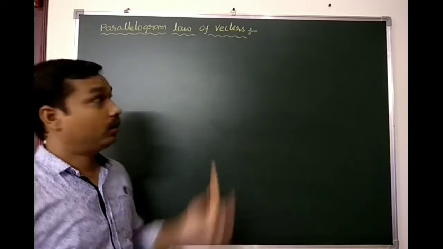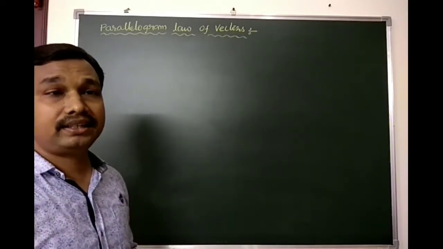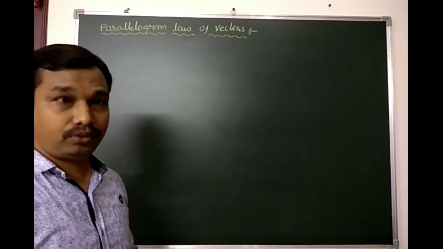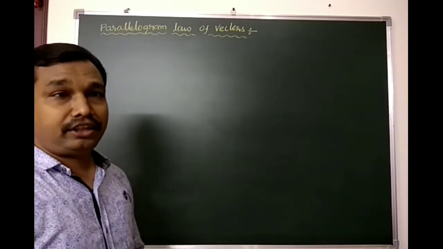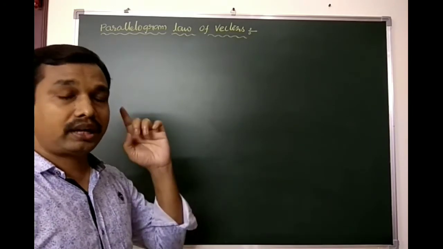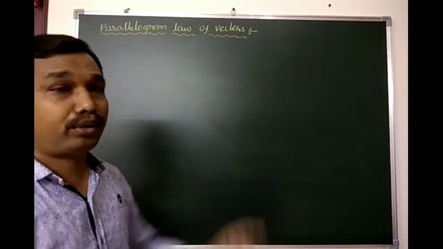According to the parallelogram law of vectors, it states that if two vectors having magnitude and direction are the adjacent sides of a parallelogram, the resultant also has magnitude and direction, starting from the same point.